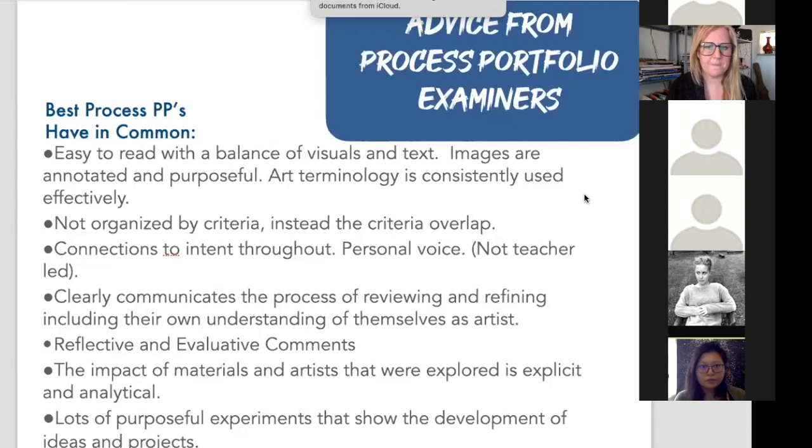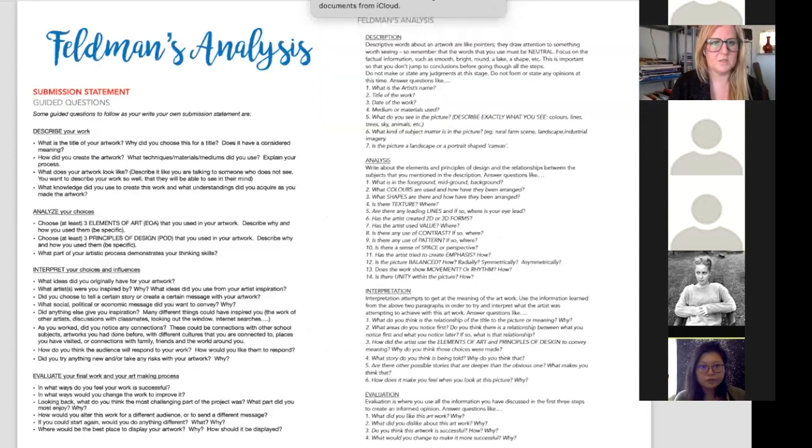That helps. Again, review and refine how the student's own opinion as an artist, reflective evaluative comments, and the impact of the materials and the artist is explicit and analytical. So you want to get away from the describing and then the experimentations. So that's what the examiner said is useful.